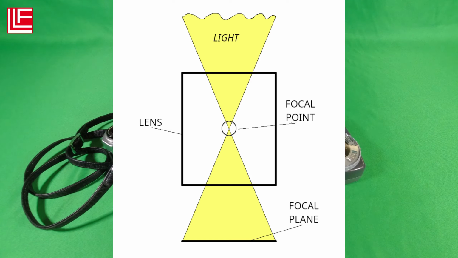In this image, we can see that the travel that the light does is shorter towards the center of the lens than towards the edges, on the focal plane. So the light needs less time to get towards the center of the focal plane than towards the edges.